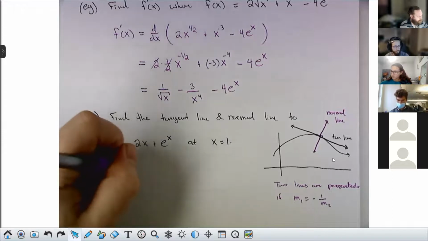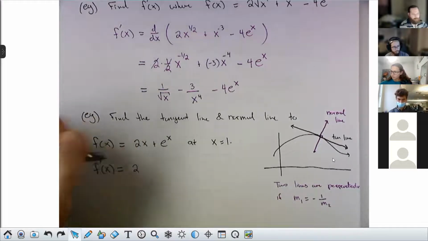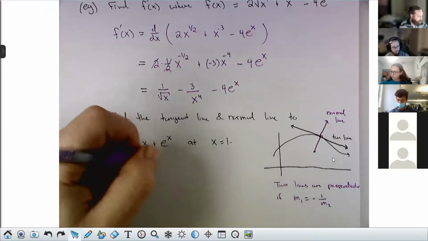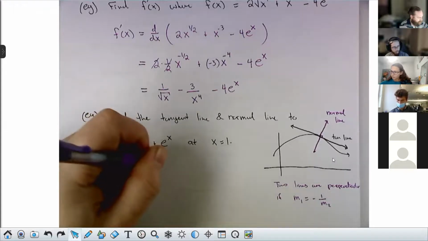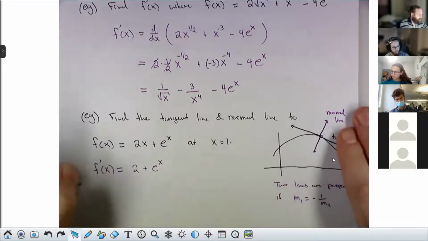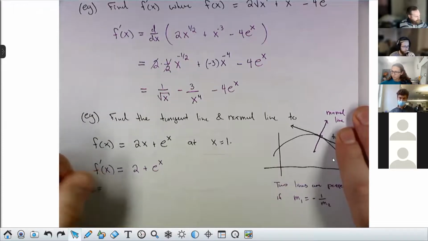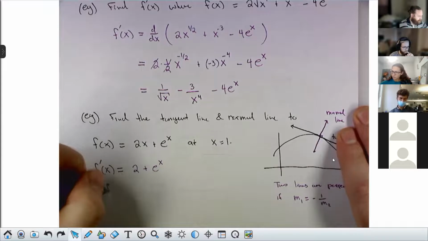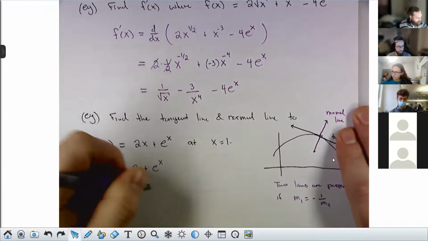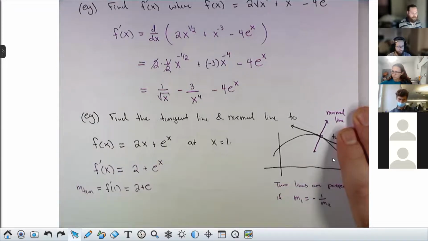So its derivative is 2 times 1x to the 0, which is just 2, plus the derivative of e to the x is e to the x. So the slope of the tangent line at x equals 1 is f primed of 1, which is 2 plus e to the 1, or just 2 plus e.